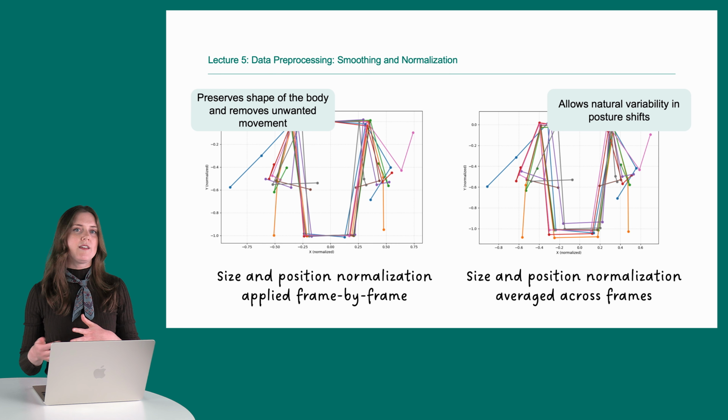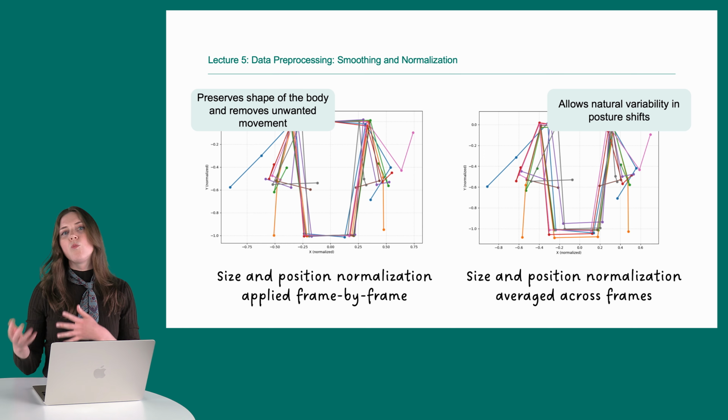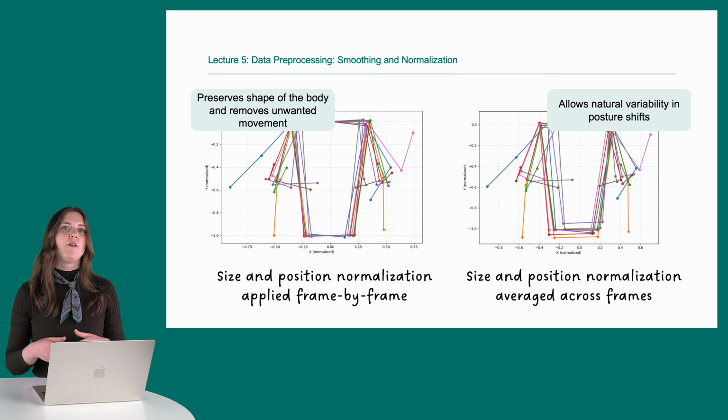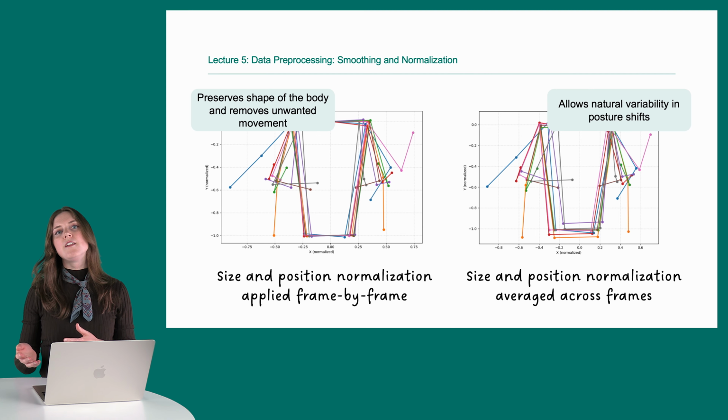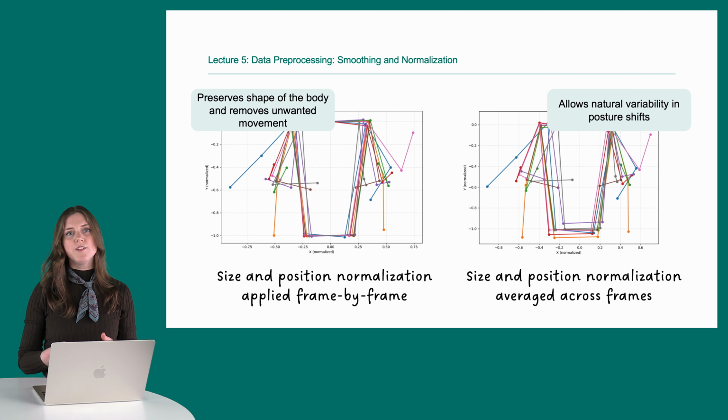This lecture is not meant to be prescriptive to tell you exactly how to normalize your data. That will depend on how much variability there is in your recording setup across participants and what you're trying to measure. But regardless of the methods you use to normalize your data, we recommend visualizing the results and checking that the normalization did not distort the movement characteristics you're interested in.